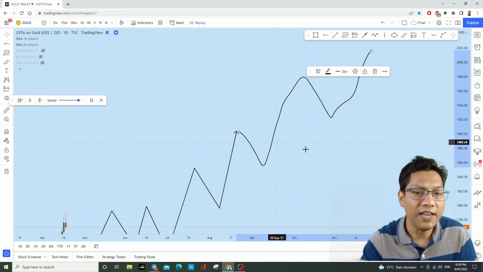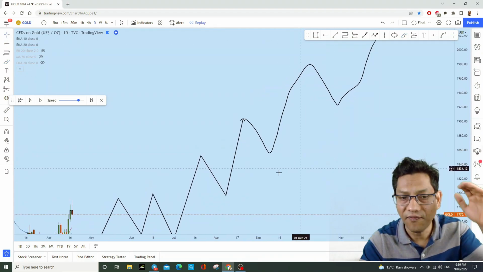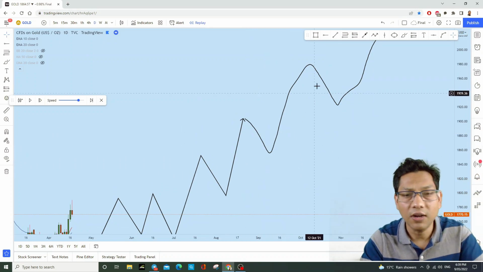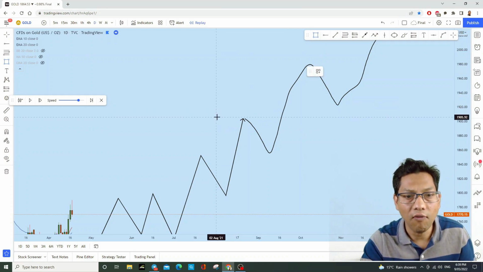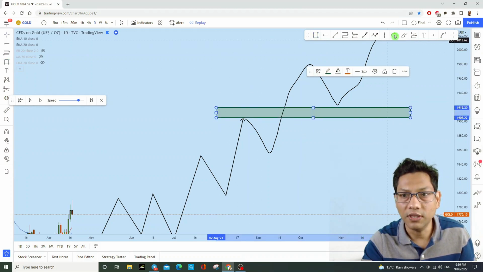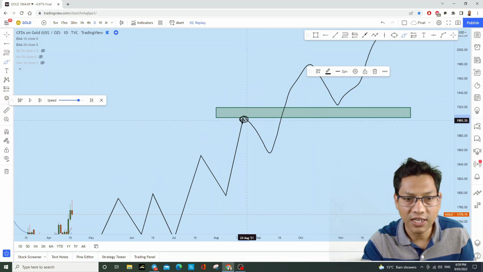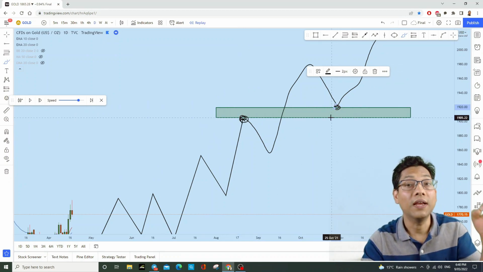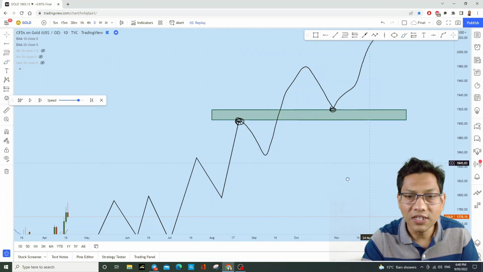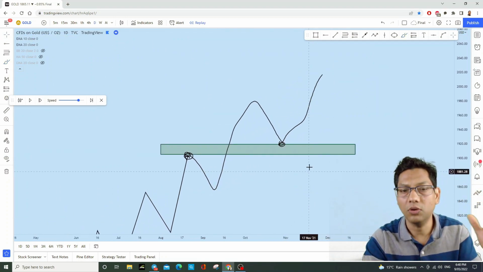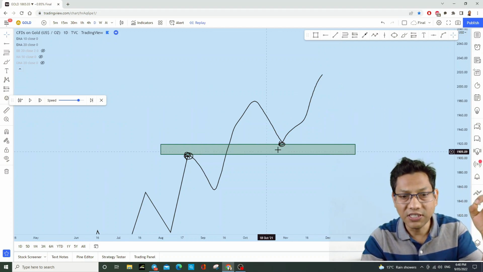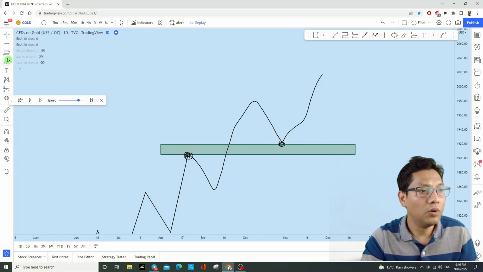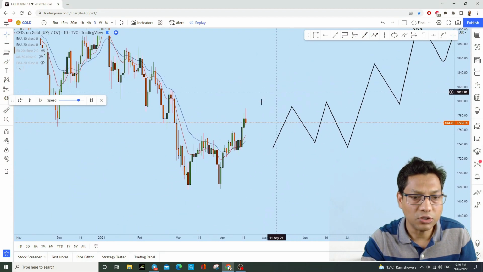So in a trending market, once you identify the direction of the trend, without any question the area of value is this previous resistance as a support in an uptrend. All the time when you see an uptrend, without any question, previous resistance as a support is the area of value. Now with that being said, let's see this gold trade here.